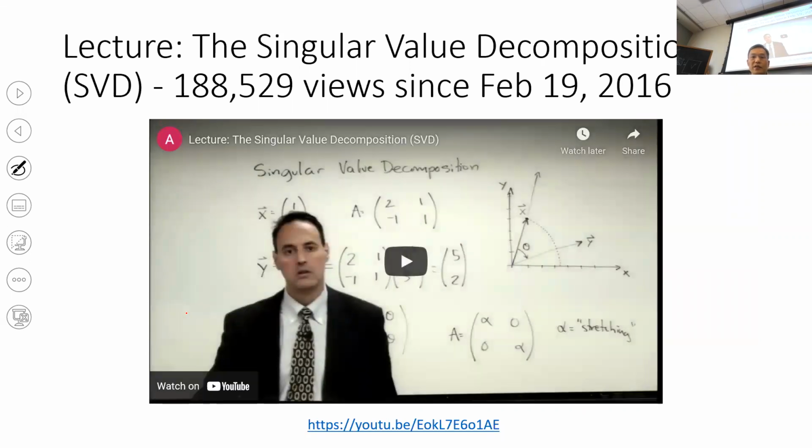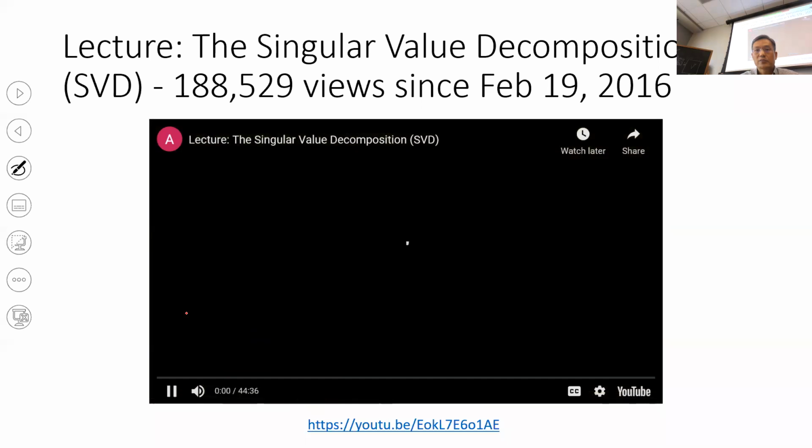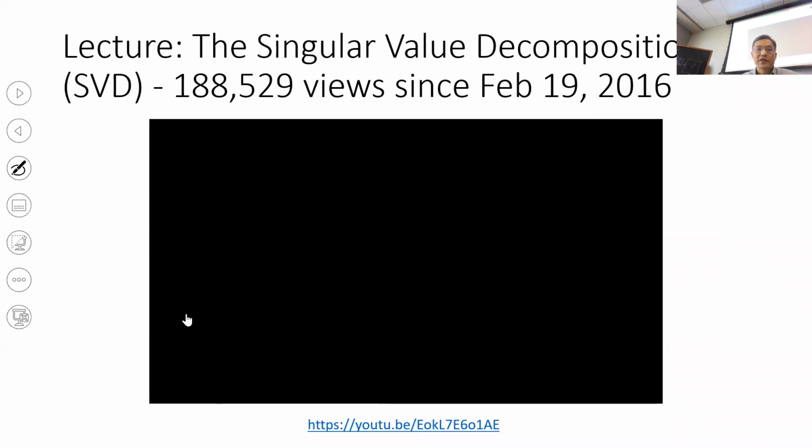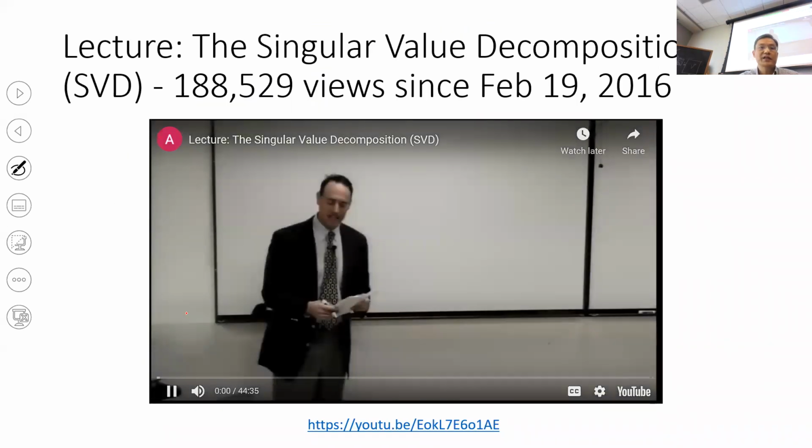If you need a deeper illustration of this, I think this is one of the best videos you can watch. It's given by applied mathematician Nathan Kutz, a professor at the University of Washington, Seattle. His video has been viewed so many times.